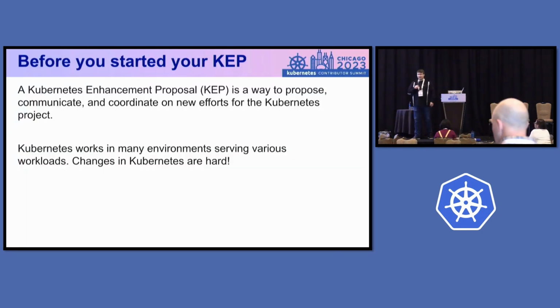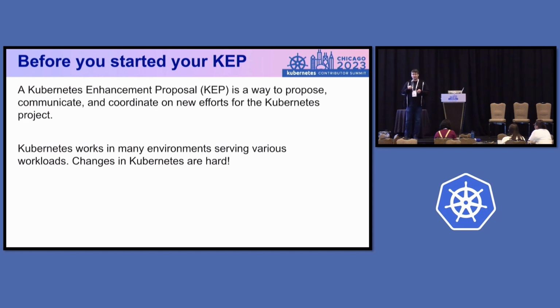So before you start your KEP process, you need to understand that Kubernetes is big, and Kubernetes has various workloads running on various environments, and changes in these environments are hard. We found it right away when we released the alpha of Sidecar. Some environments restart nodes on bootstrap, and it's intentional.